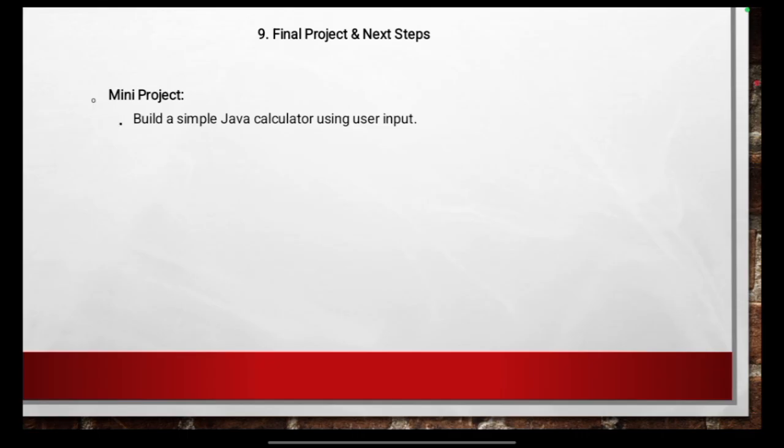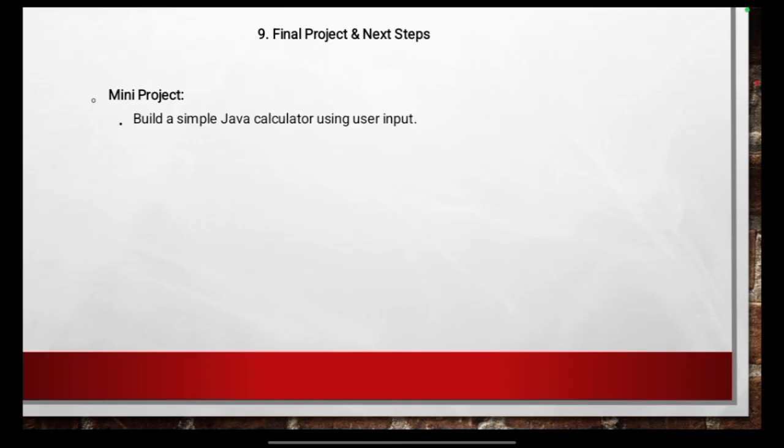Mini project. Build a simple Java calculator using user input. So this demonstrates that Java can be used to build interactive console-based applications like a simple calculator that takes user input. In this mini project, the calculator allows users to perform basic arithmetic operations such as addition, subtraction, multiplication, and division by entering two numbers and selecting an operation.